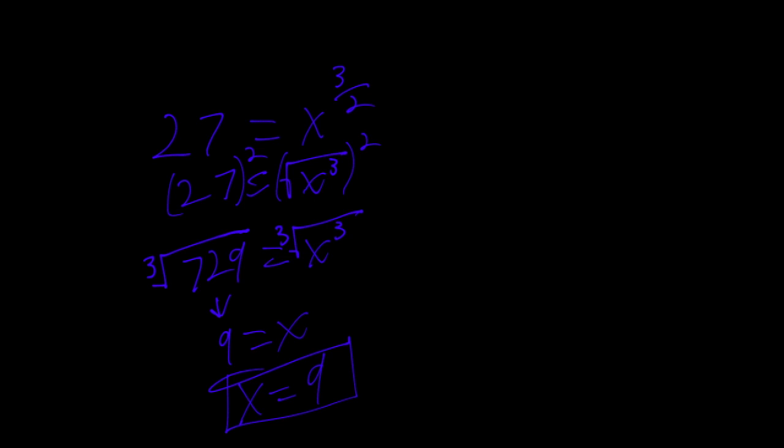Another similar question you may see, and I'll write this in a different color just to keep it separated, would look like n to the 3 halves equals 125. So we'll make that the square root of n cubed equals 125. Then we'll square each side.